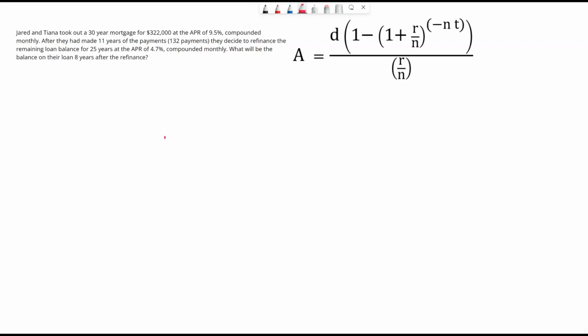So let's start off with the first part of our problem, and that is their initial loan. All right.